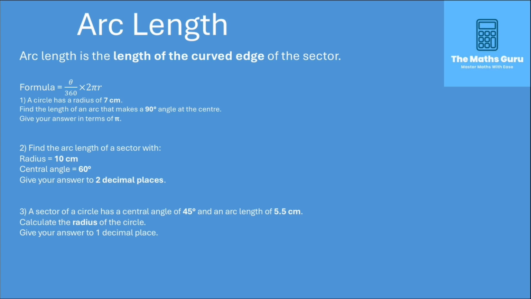As I showed you in the previous video, the arc length is the curved edge of the sector. The formula is theta over 360 times 2 pi r. You might notice that 2 pi r is the circumference of the circle, which is the formula we're given for circumference.